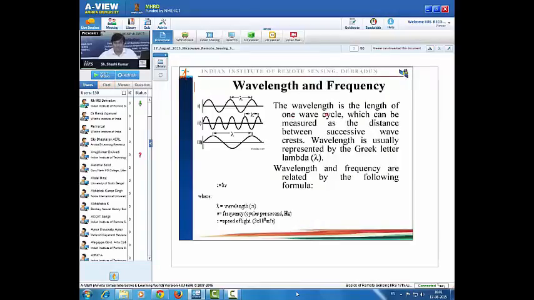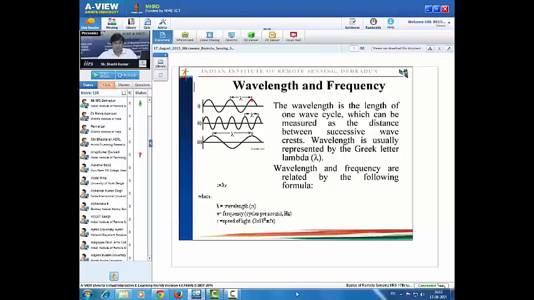This is the very famous formula representing the relation between wavelength and frequency. The wavelength is the length of one wave cycle, which can be measured as the distance between successive wave crests. Wavelength is usually represented by the Greek letter lambda. Here in this diagram, it can be easily seen that the distance between two successive peaks will be the wavelength of the electromagnetic wave.